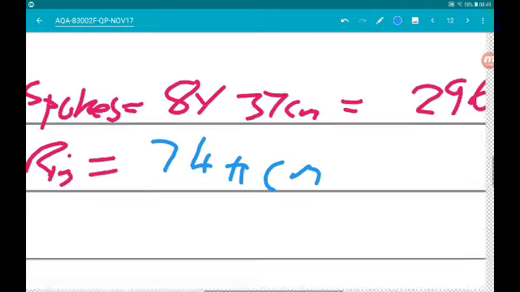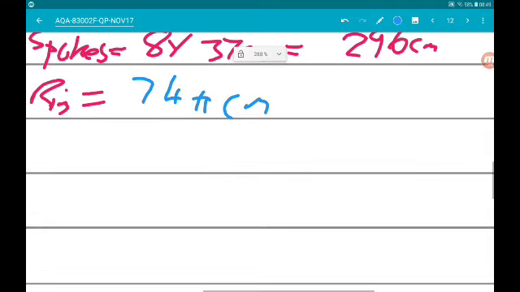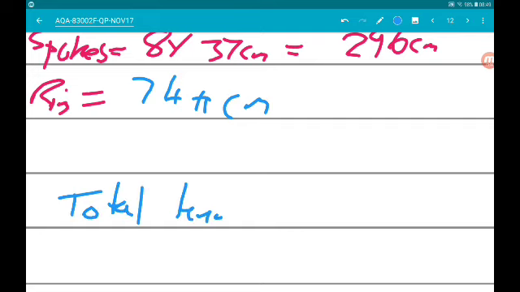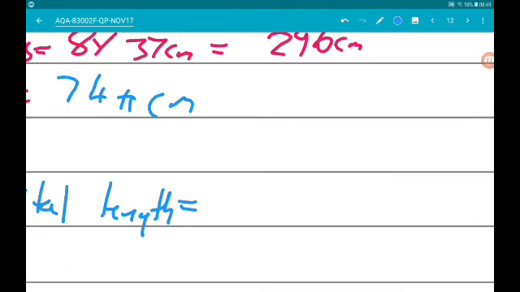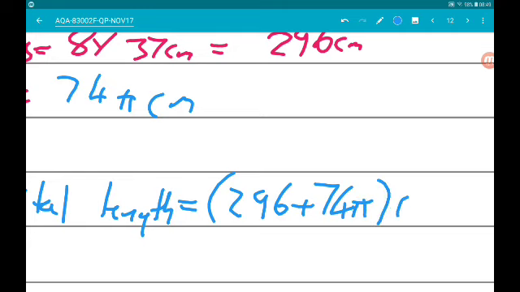centimeters. So the total length is 296 add 74 pi centimeters. Now that's the exact answer.